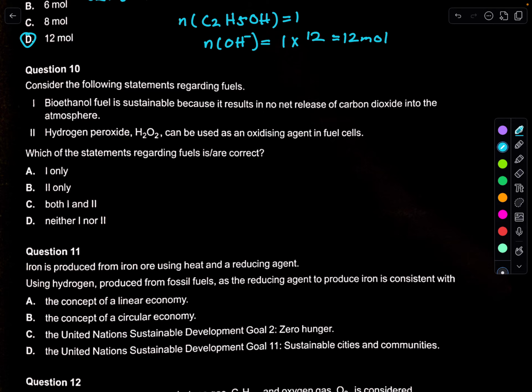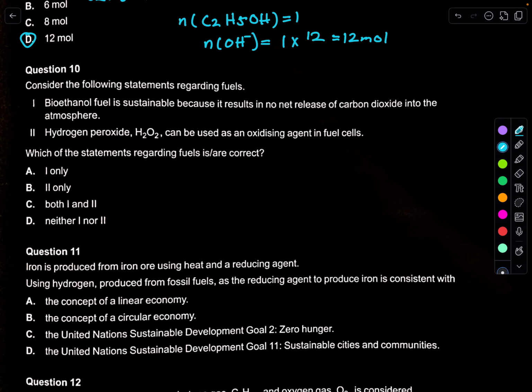It is the best one because there is some carbon neutrality, but saying no net release of carbon dioxide is a false statement. There is some release of carbon dioxide from transporting that fuel.